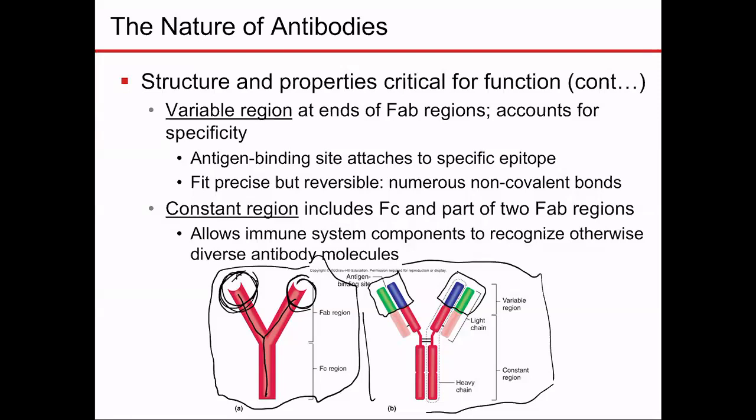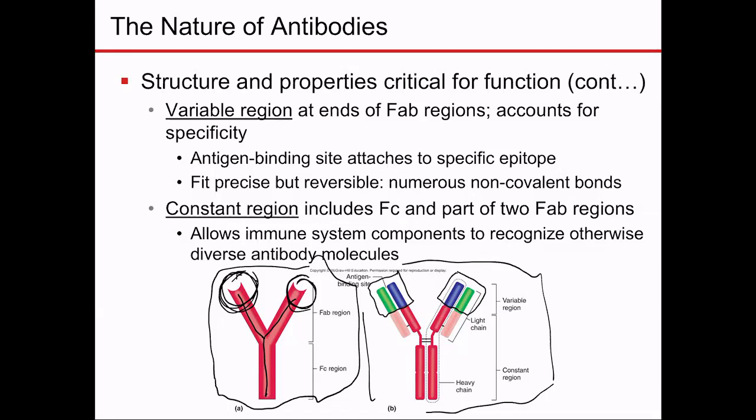And that is what we call, again, the antigen binding site. The best analogy here is imagine that the antigen binding site is a lock, and then the antigen is the key. They have to fit perfectly with each other in order to allow that antibody to specifically bind to that antigen.